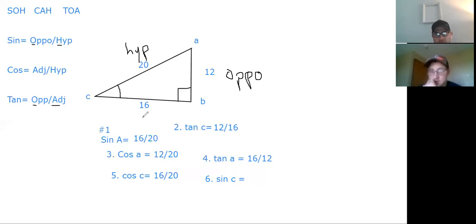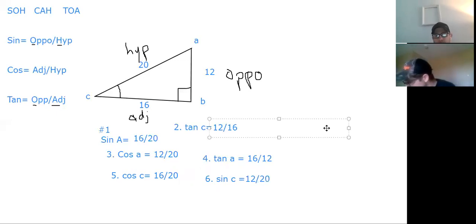So that leaves me with this as my adjacent. Opposite is? 12. Good. Over 20. Perfect. See, that's what I would probably do, Garrett. Every time you do one of these problems, label your hypotenuse and your adjacent just for that problem, because they'll change depending on the problem, right?